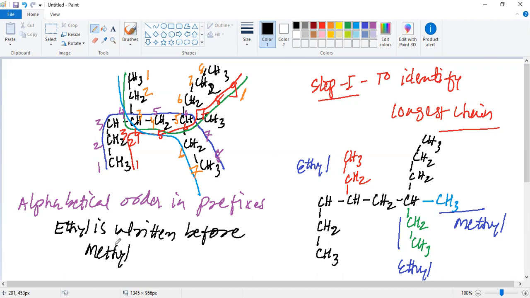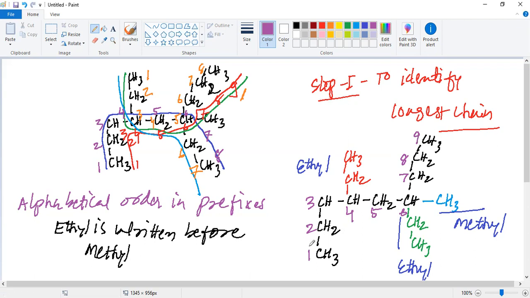Now let us try giving the numbers. So we use two different ways. Let us start giving the numbers in this manner. So see, this is 1, 2, 3, 4, 5, 6, 7, 8, and 9.